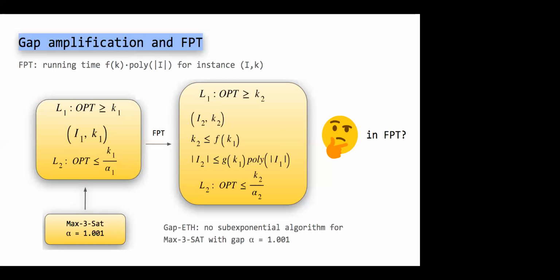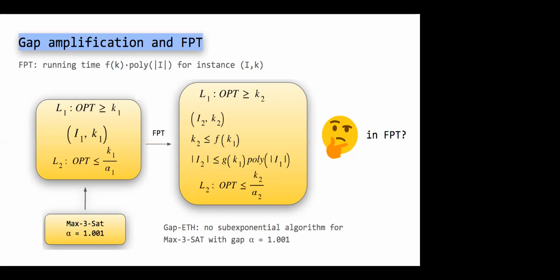So the most common idea is to start with a conjecture called the gap exponential time hypothesis, which states that max 3-SAT with some small constant gap admits no sub-exponential algorithm.